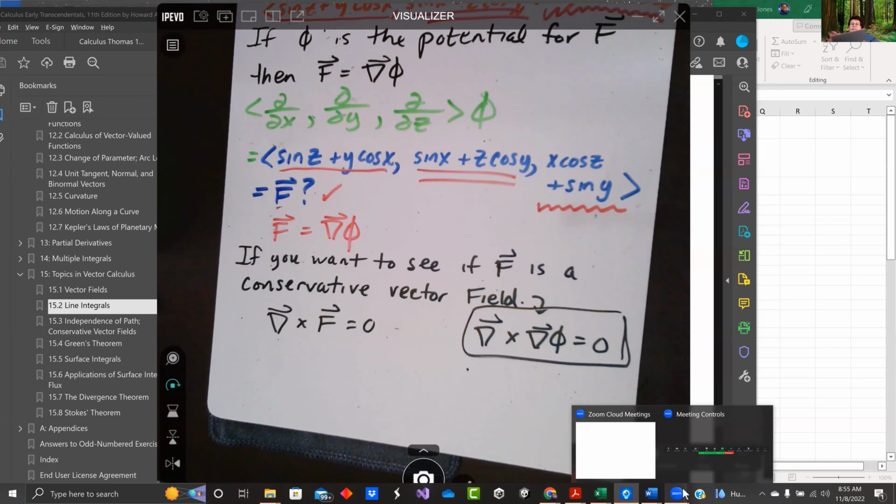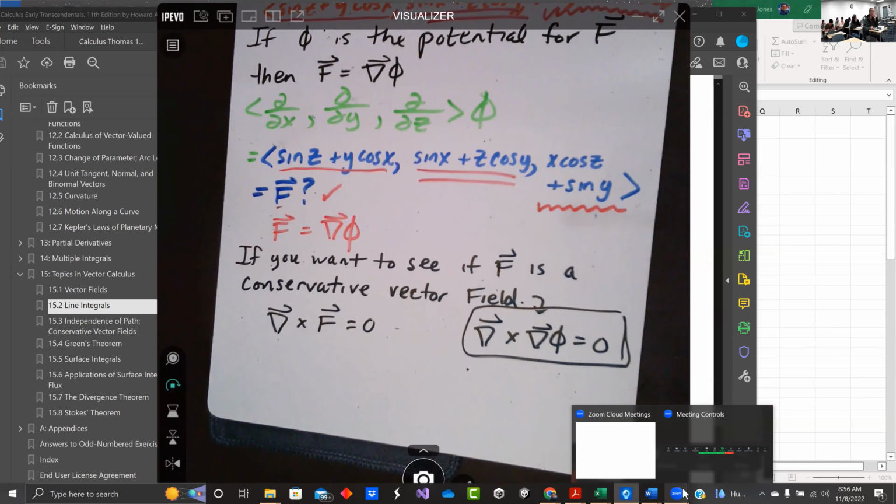I'm going to start setting up the curl of F on another tab. Like this is an internet browser. Fail. I've got sine z plus cosine y cosine x.